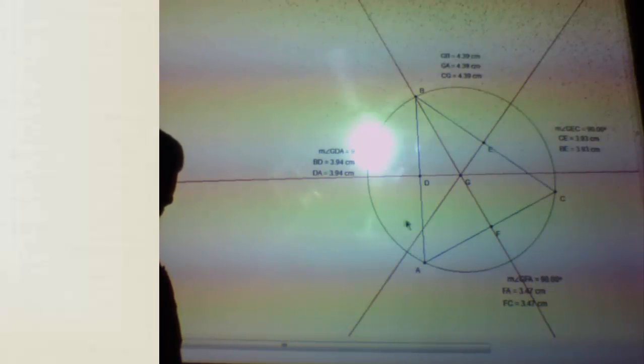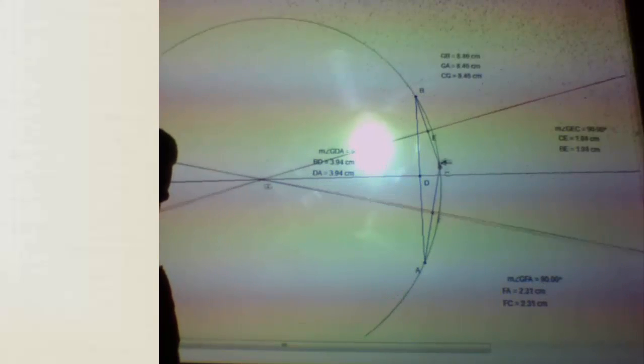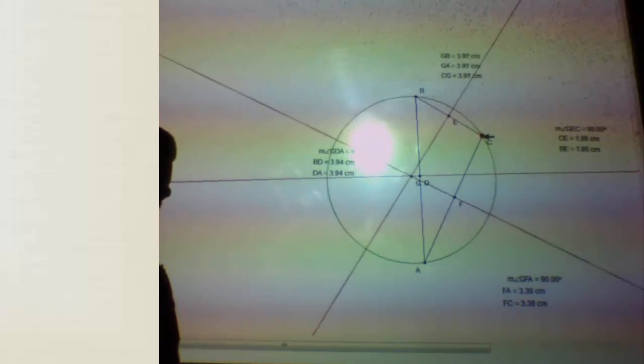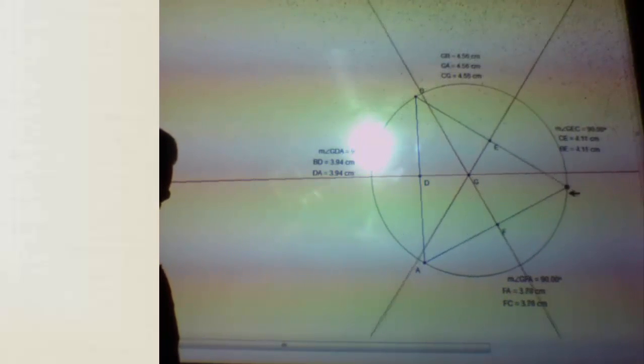So I look, these perpendicular bisectors intersect at G, which creates a green circle that will always be at the vertices of the triangle. It doesn't matter how I move this triangle. I can move it any way I want, but this green circle will always keep the triangle on the inside. And I think it's kind of neat. But there you go. That's the circumcenter.